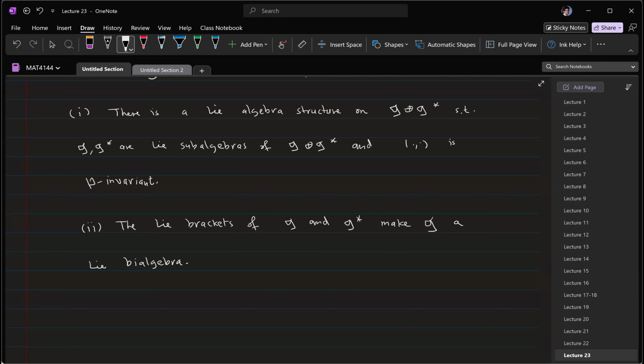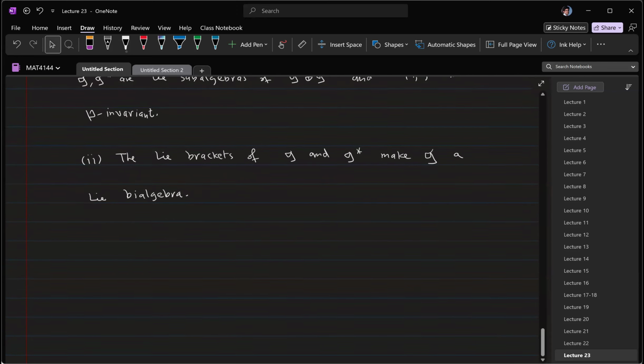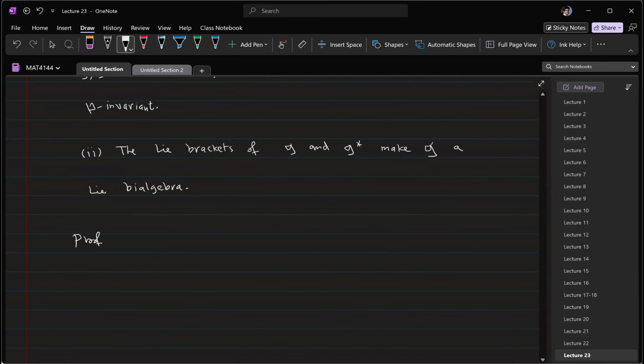So this we can do with coordinates. So here's the argument of the lemma. So choose a basis like x1 to xn for G, and let x1 star to xn star be the dual basis.